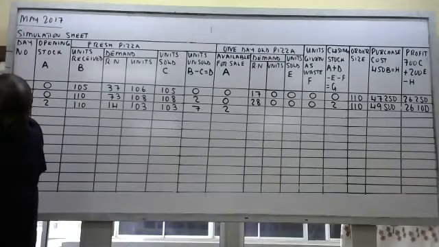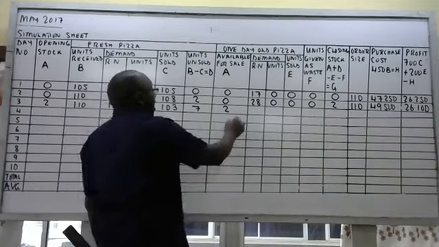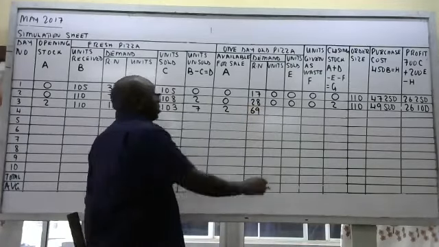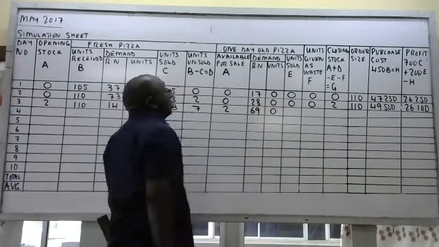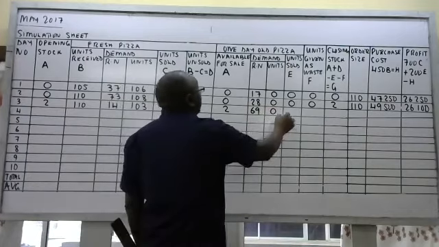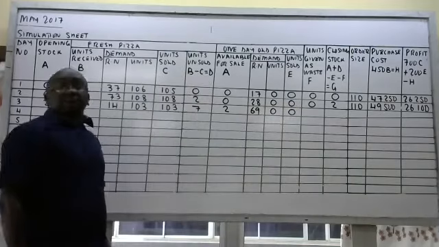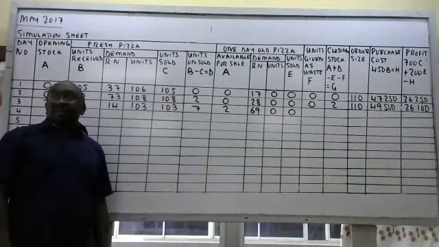Then random number is what? 69. 69 gives us how many units? 0. So how many do we sell? We have 2 units, but no one comes, so we sell nothing.